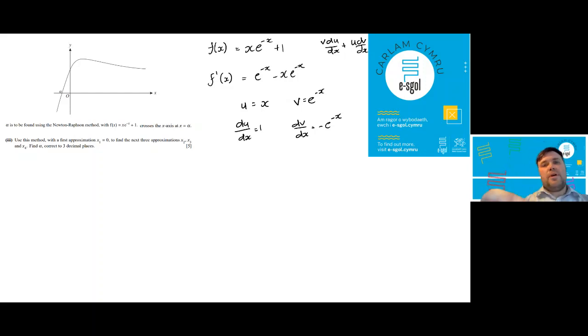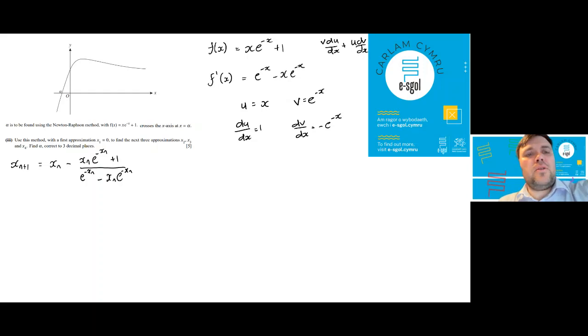So now we have our f of x and f dash x. So when we put it into the Newton-Raphson, it is x to the n plus 1 is equal to x to the n minus, and then on top we would have f of x, which is x to the n e to the minus x to the n plus 1, over the differential of it, e to the minus x to the n minus x to the n e to the minus x to the n.